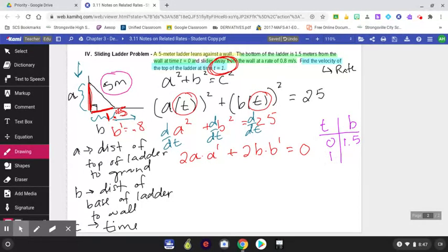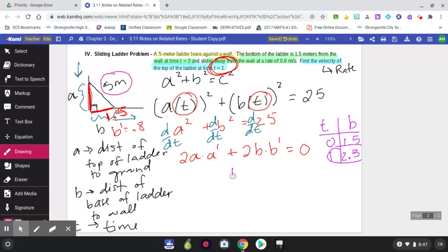What would that distance be when time is 1? Well, if the distance is changing by 0.8 meters per 1 second, and that distance is growing, then after 1 second, I go from 1.5 to 2.3, right? I'm adding 0.8 meters every second, okay? So at time t equals 1, the base of that ladder would now be 2.3 meters away from the wall.